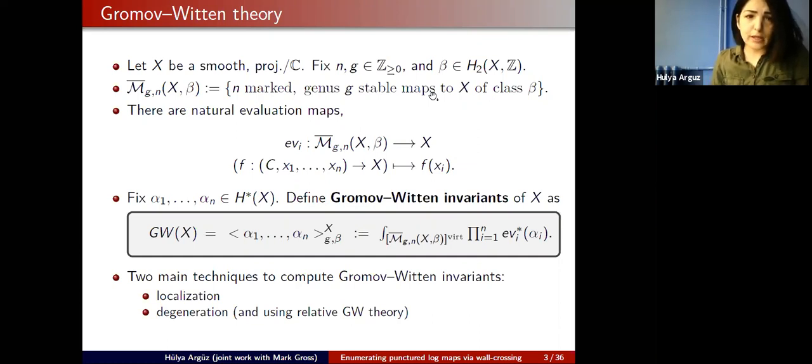The two main techniques to compute Gromov-Witten invariants are localization and degeneration techniques. And I'm mostly interested in degeneration. So localization works when you have some group action, you look at the fixed locus of this, and in degeneration, it's important to consider relative Gromov-Witten theory.